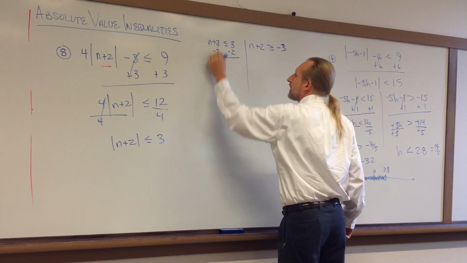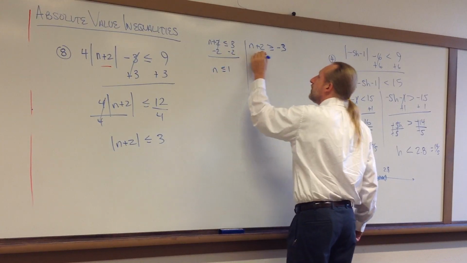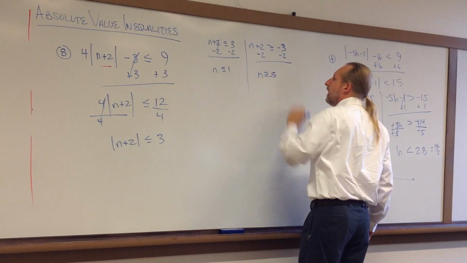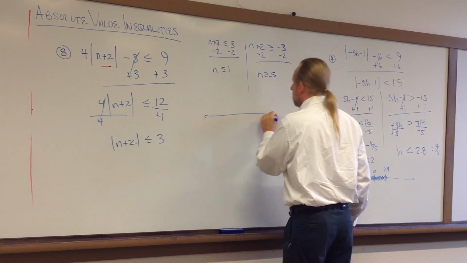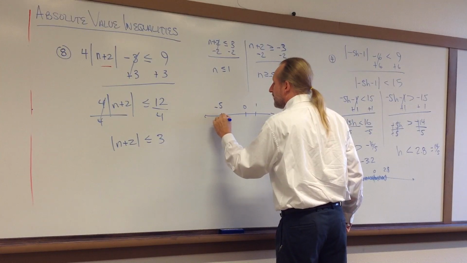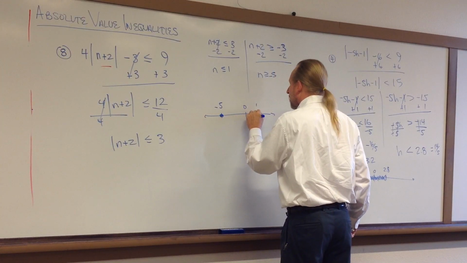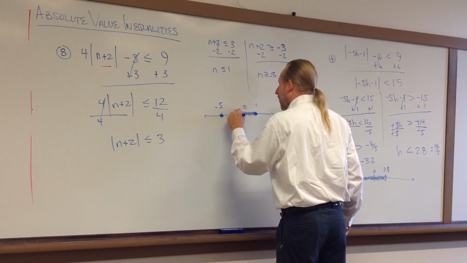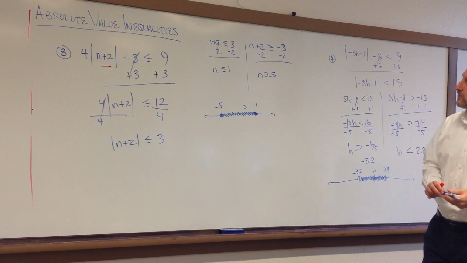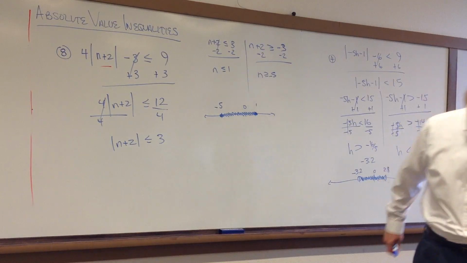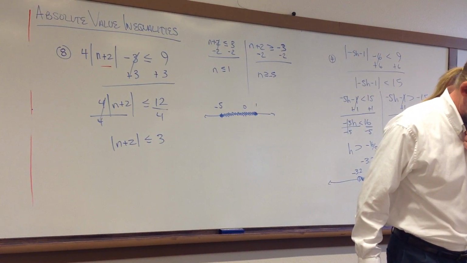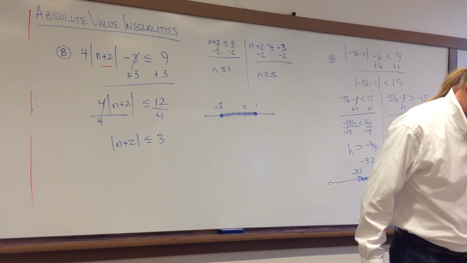So, subtract 2 on both sides. And there it is. N less than or equal to 1, but greater than or equal to negative 5. And that's what it looks like on the number line.